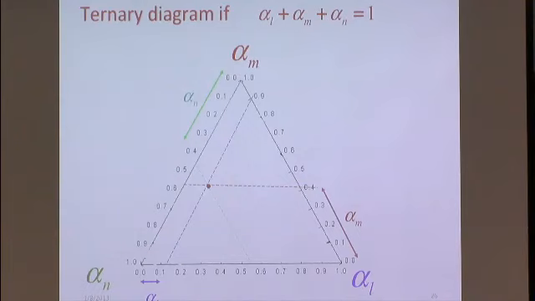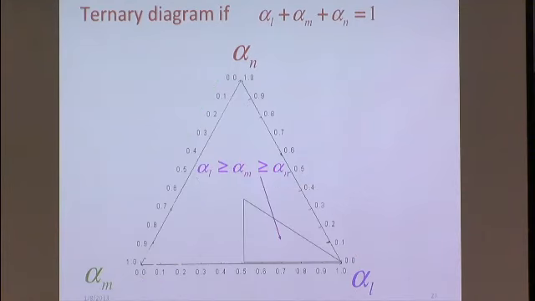So each point inside this equilateral triangle corresponds to a set of molecular parameters. Due to the threefold symmetry and the mirror symmetry, we only need to consider this area, where alpha L is bigger than alpha M, which is bigger than alpha N. All the other areas are just permutations of these alphas.